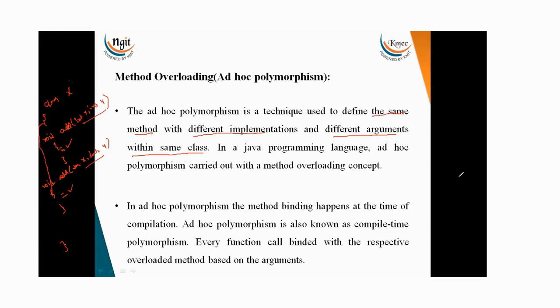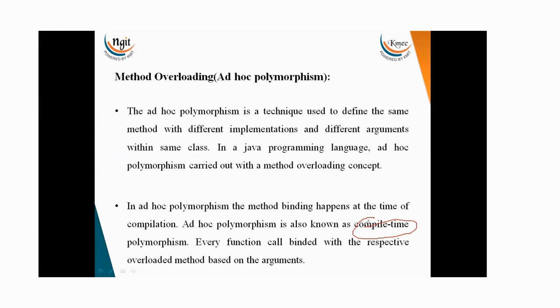So in Java programming, this can be achieved through ad hoc polymorphism, right? This happens at compile time, beta. Method overloading happens at compile time.